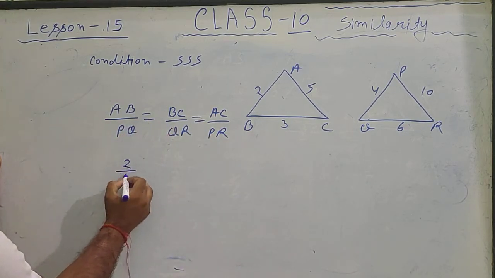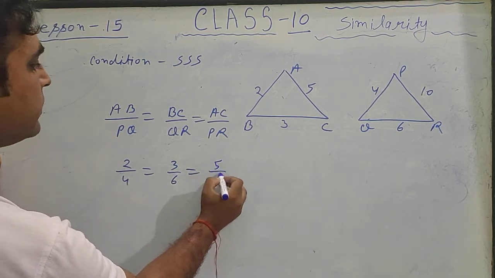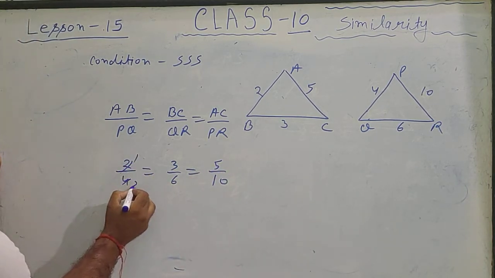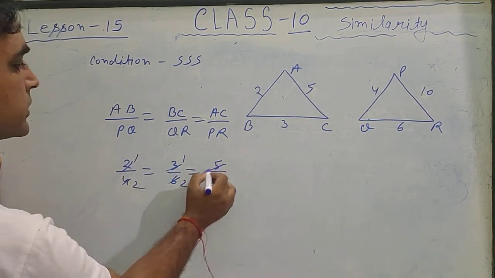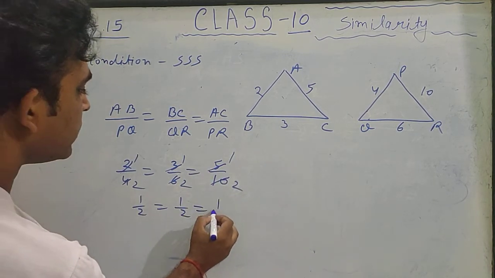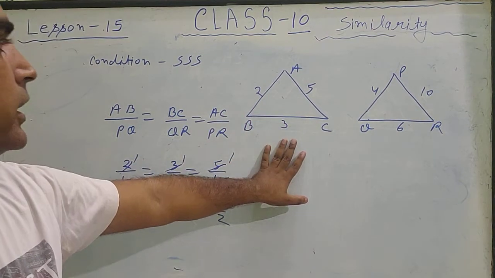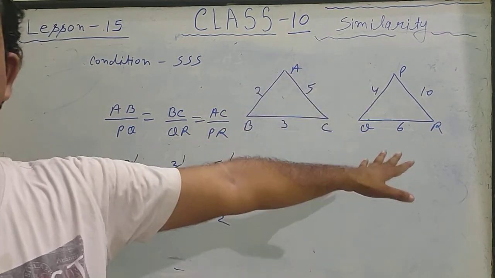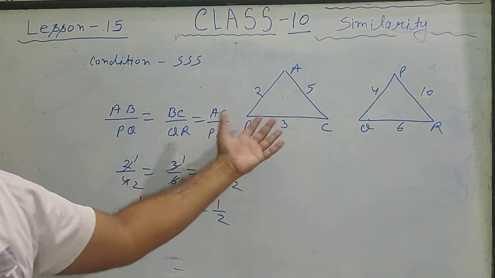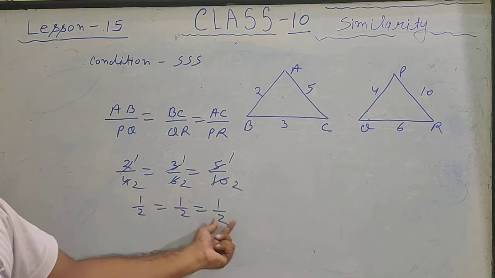AB is 4, 3, 6, 5, 10. 1 by 2, 3 1 ja 3, 3 2 ja 6, 5 1 ja 5, 5 2 ja 10. 1/2 equal 1/2 equal 1/2 मीन्स इस वन ट्राइंगल की जो थ्री साइड्स हैं और सेकंड ट्राइंगल की जो थ्री साइड्स हैं उनका जो रेशियो है वो कैसा है, सेम है, 1/2 1/2 1/2.